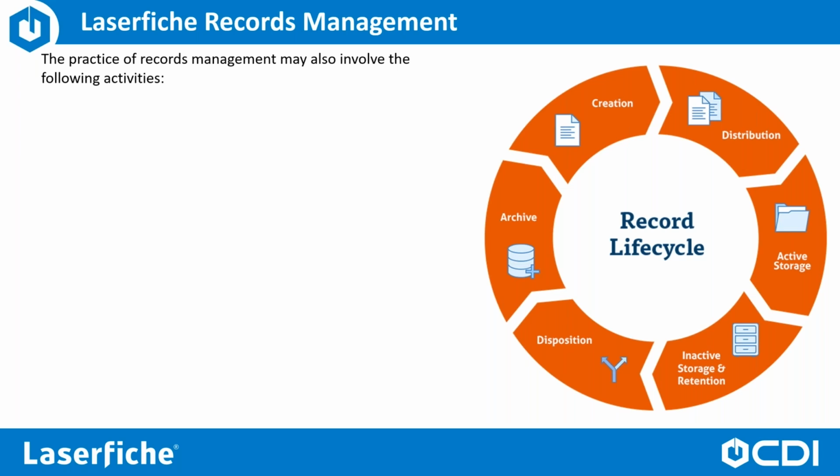Once that loan is paid off, once that contract at a city with a vendor is executed, once that event happens, it can move from active to inactive storage and retention. At the end of the retention time frame, that's when you talk about disposition.